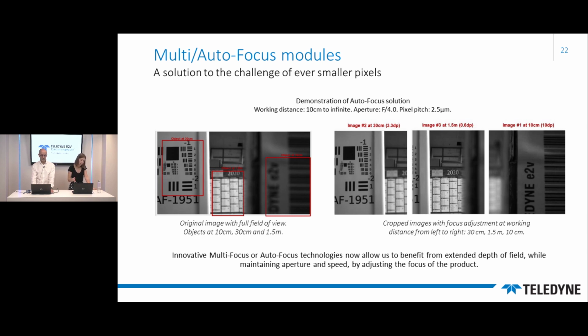So with this multi or autofocus module solution, you see that we can bypass this issue by having a wider aperture optics, in this example f/4, and still benefit from an extended depth of field going from 10 centimeters to the infinite, and that with a small pixel pitch, the most advanced existing today, 2.5 micron.